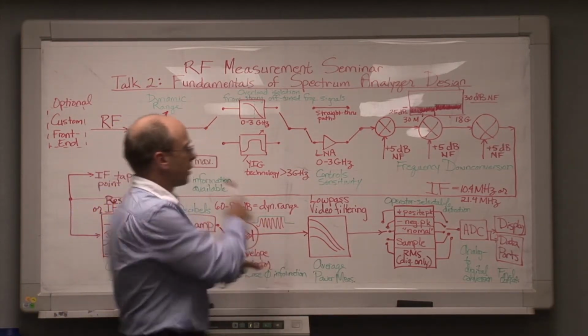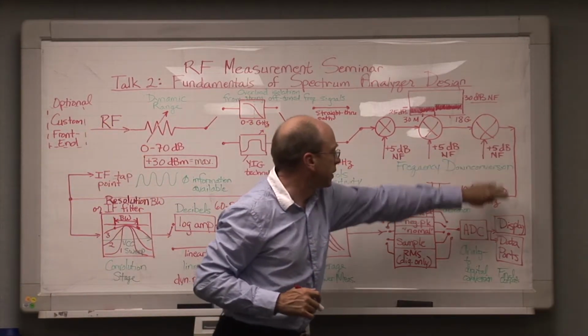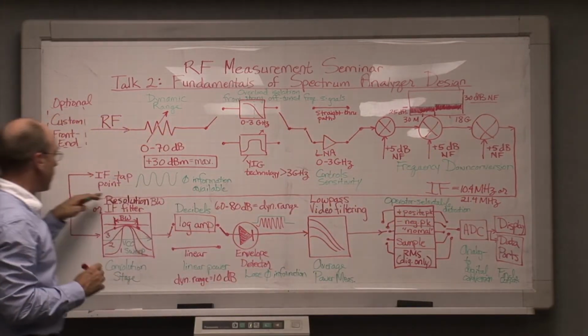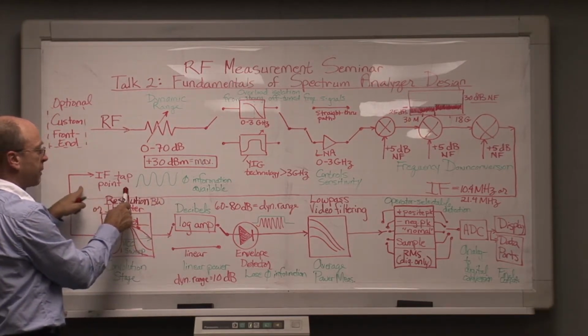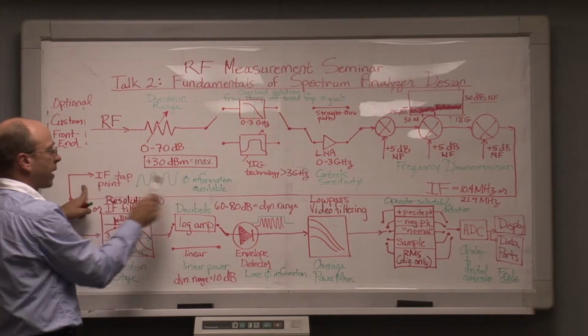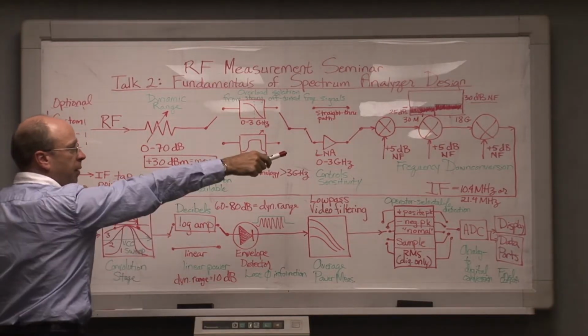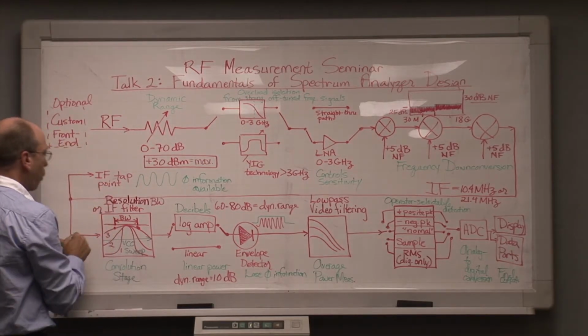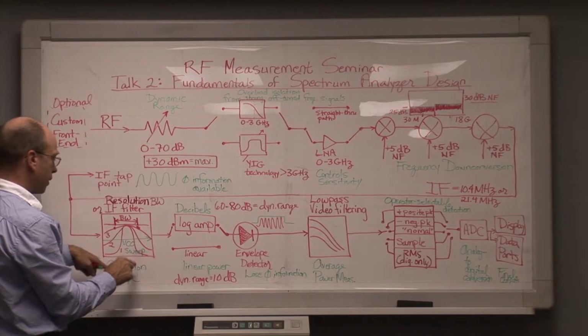Now, having talked in general about this, we'll continue and just walk through this one more time for the overview. Then we can either tap out information from the back of the spectrum analyzer, typically on a BNC connector at the back that still contains the phase information in the original waveform, simply mixed down to IF frequencies, or we can now pass through any one of a set of IF filters.